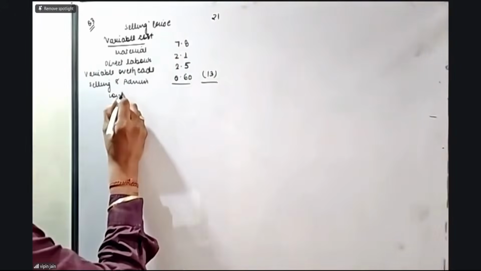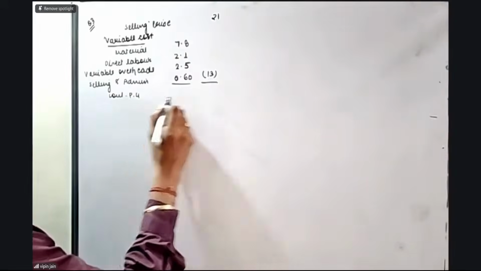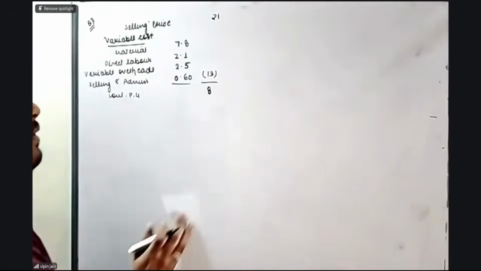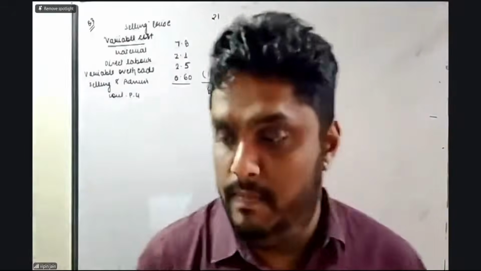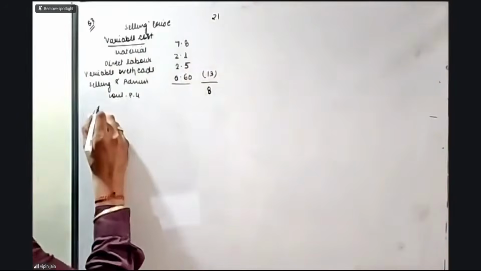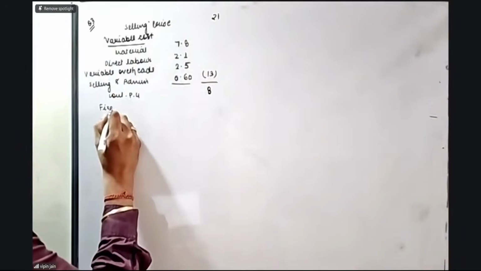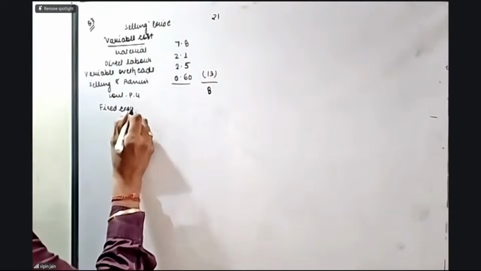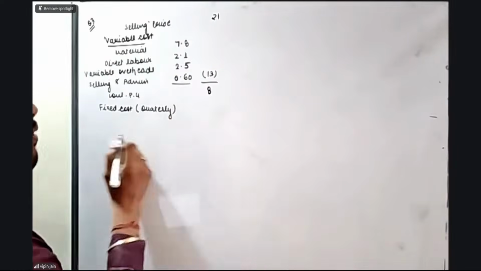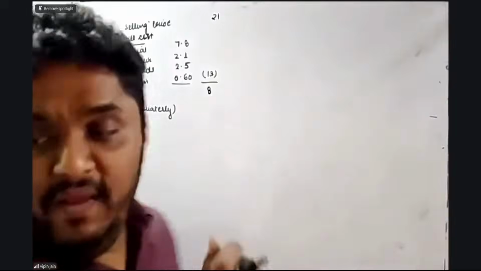So my contribution per unit will be 8 rupees. Now, this is the data given. Now see, when talking about fixed cost also, we have to calculate the fixed cost. See, the company is manufacturing 2 lakh units during the year.